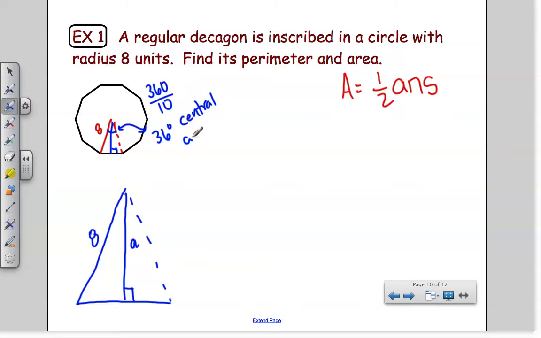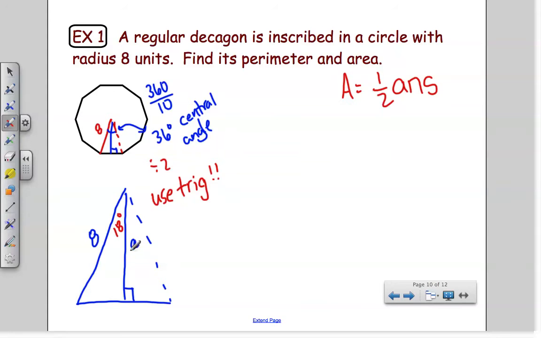However, that's this entire angle here, and I really only want half of that, so I'm going to divide that by 2, and I find out that this is actually only 18 degrees right here. Now this will help me be able to use trig. Okay, it's not a special right triangle, it's not a 30, 60, 90, it's not a 45, 45, 90, but it's an 18-degree angle at least.